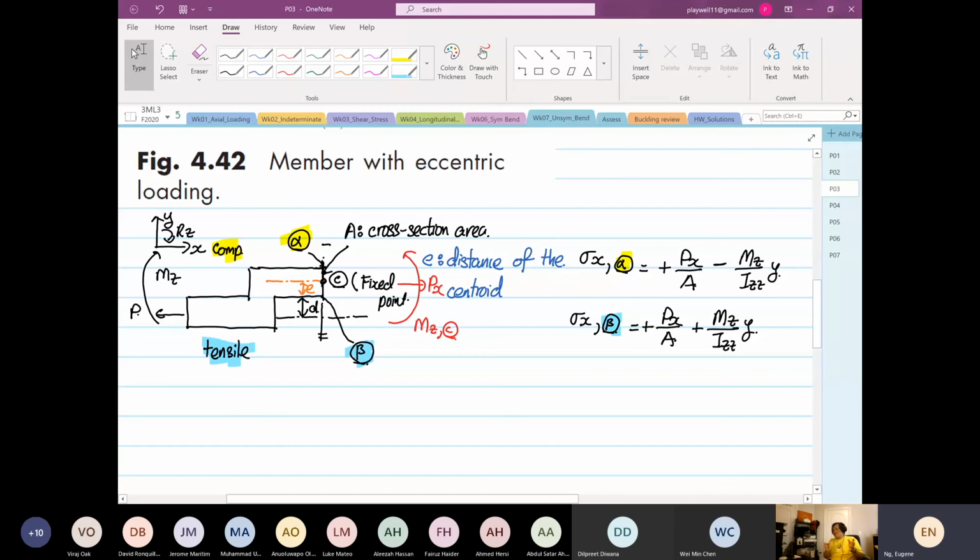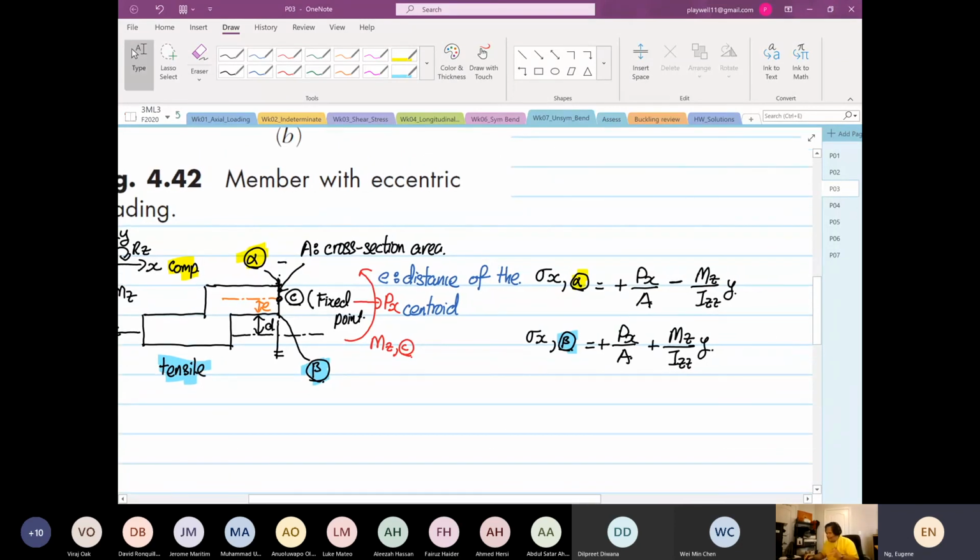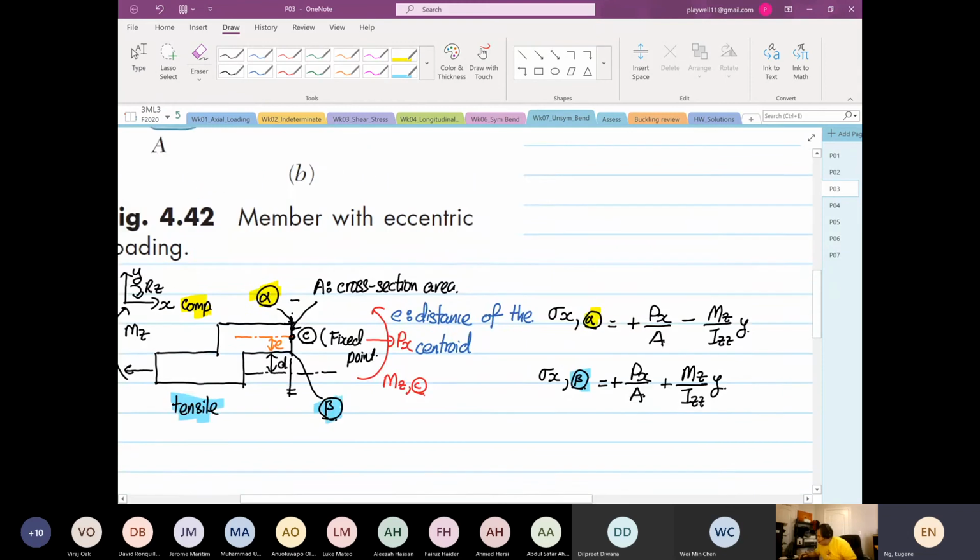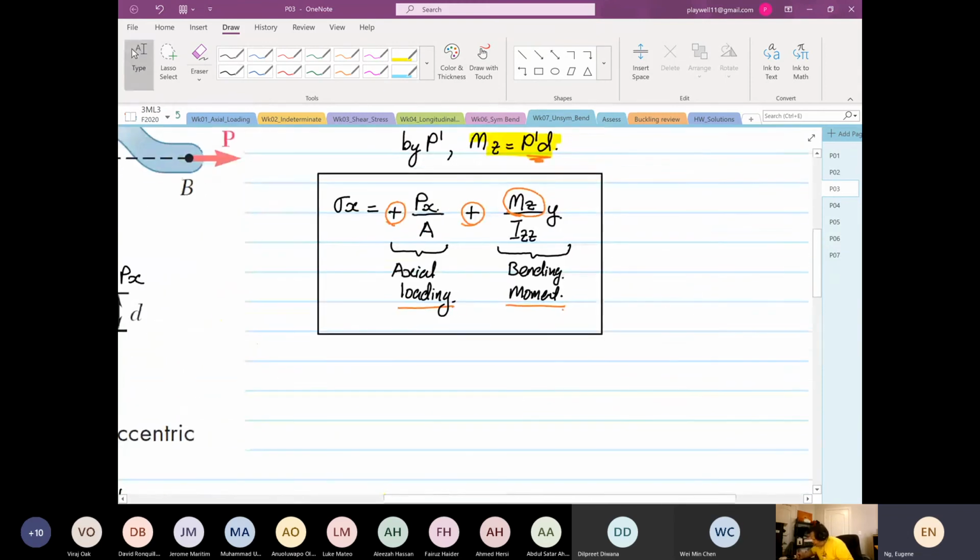I want you to visualize this, not just to plug in the formula. So you can see whether it's plus or minus is based on what? The moment arrow. I don't want you to just memorize this. Over here, the sign is based on the analysis of the moment vector.